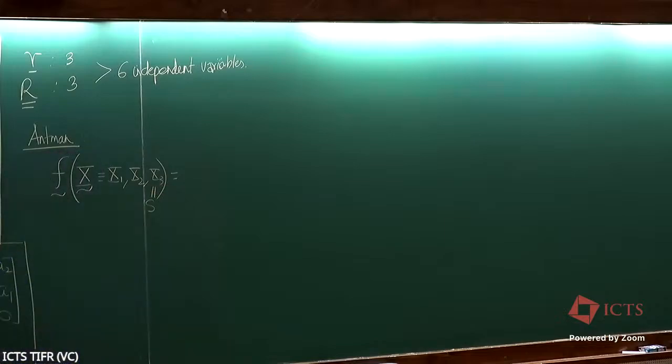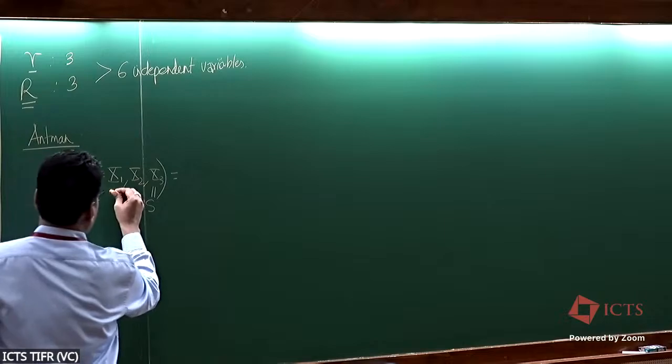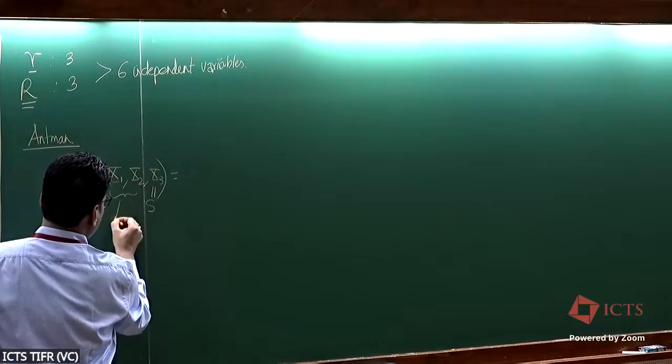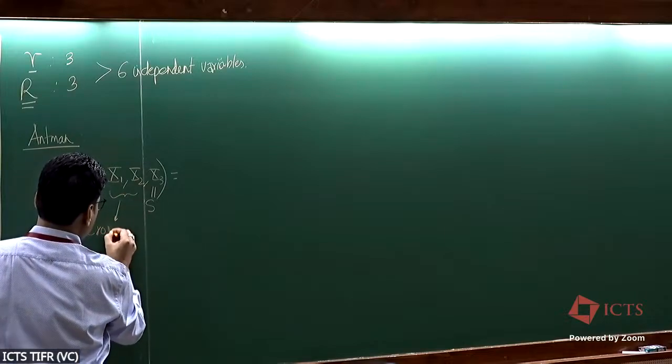So as you come down here, you have big X1, big X2, and big X3, and your S is aligned along big X3, so S is the same as big X3. But big X1 and big X2 lie in the cross-section. Big X1, big X2 denote the cross-sectional coordinates.